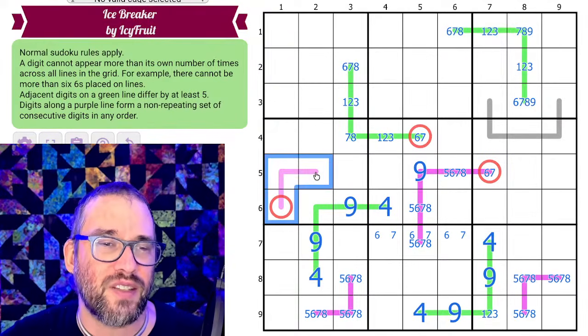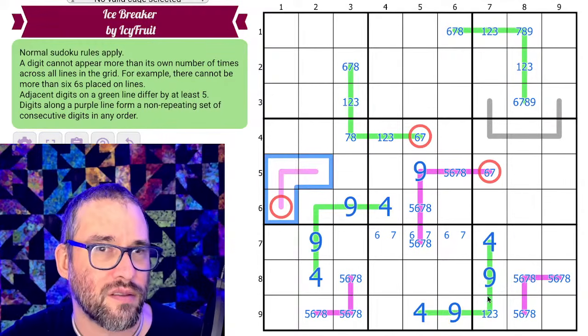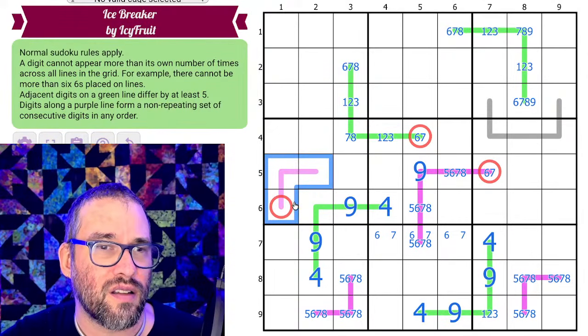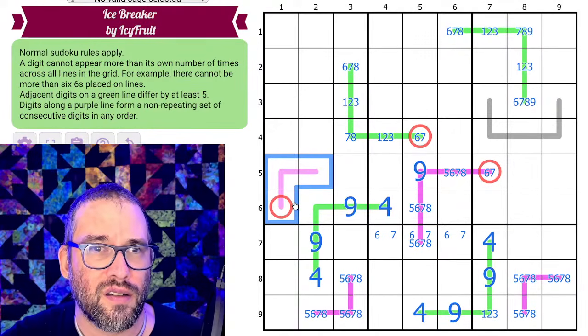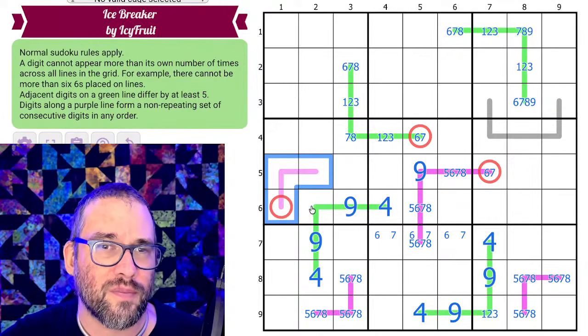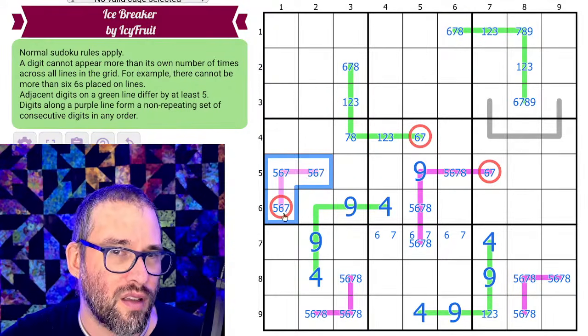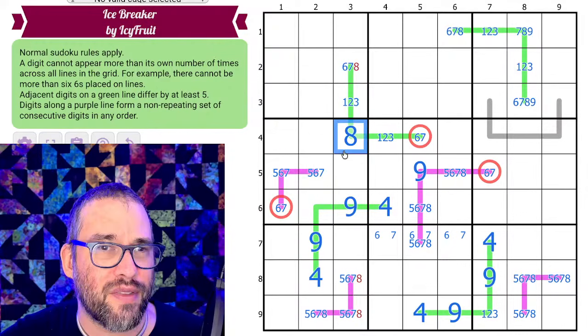So this is at least 567, but it is at most 567. Right. That's not the 5. That's now an 8.